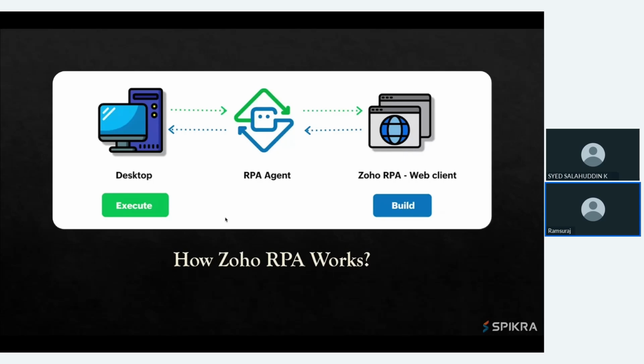Okay, so let's talk about the RPA agent that is in the middle. It gets the data from the RPA web client, where you have set up your flows, and performs the actions on the target system. So I have set my flow on my web client, and from there the target system is activated and performs the flows that have been set up.